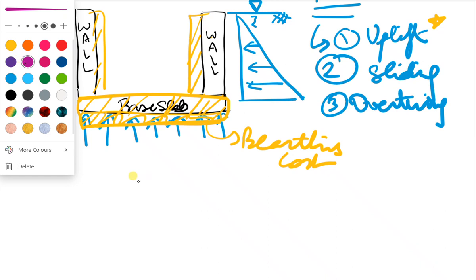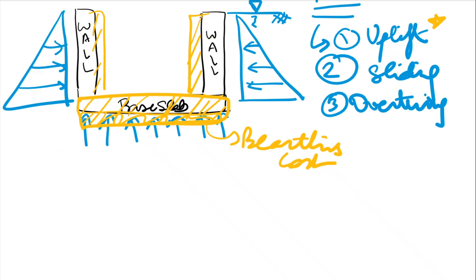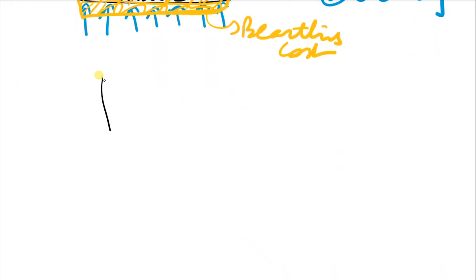See, the right way of avoiding uplift is providing the overhangs. What happens when you provide these overhangs? Let me just tell you.